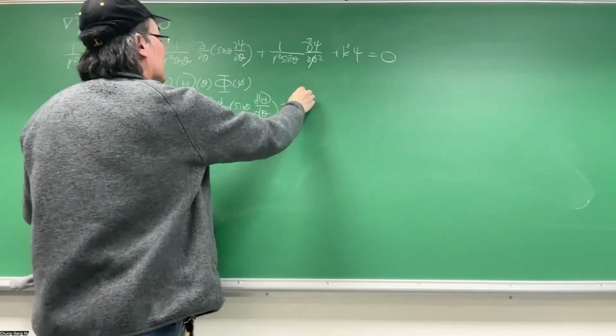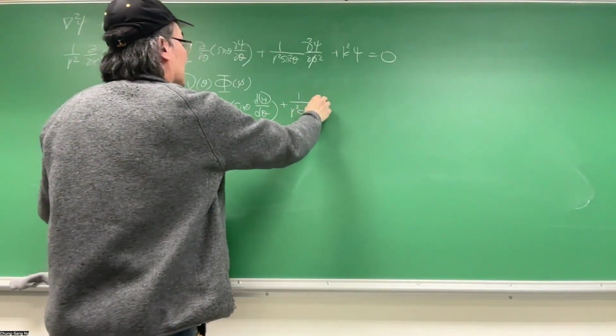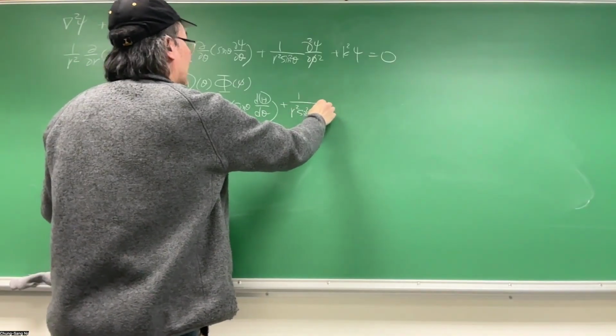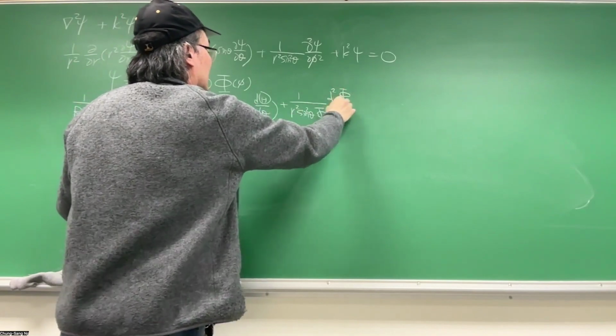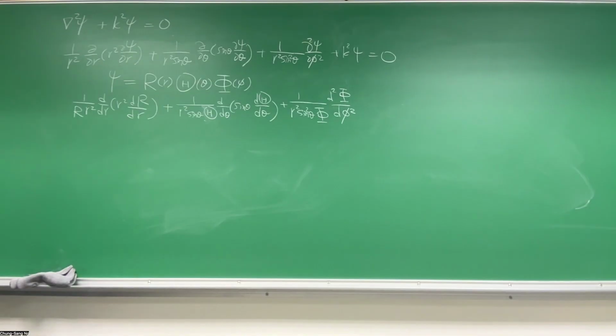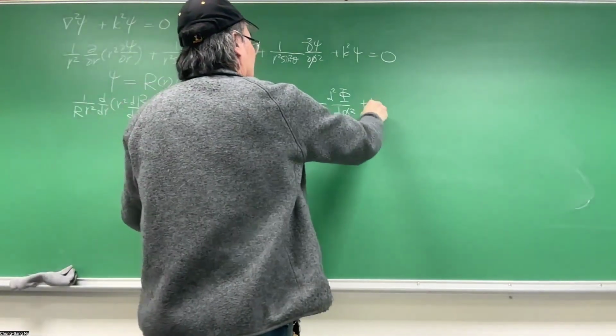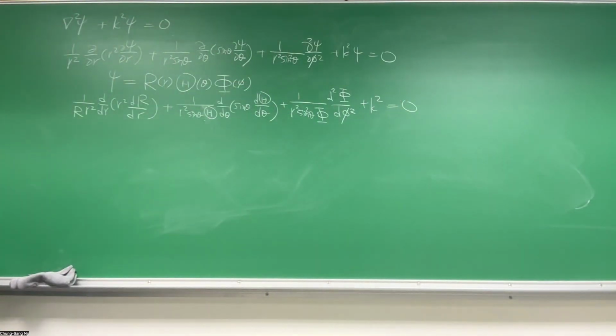And the last one is 1 over Phi, 1 over r squared sine squared theta, d squared Phi d phi squared. And then the constant term is just k squared, just a constant. Right.